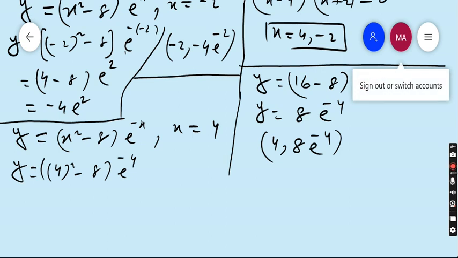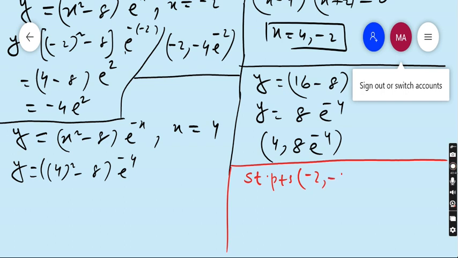So we have two stationary points, minus 2 comma minus 4 e plus 2, because our answer of first is 4e2.